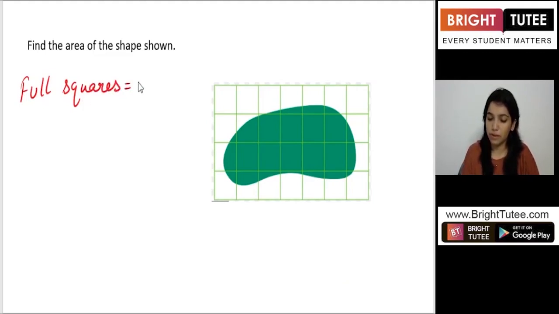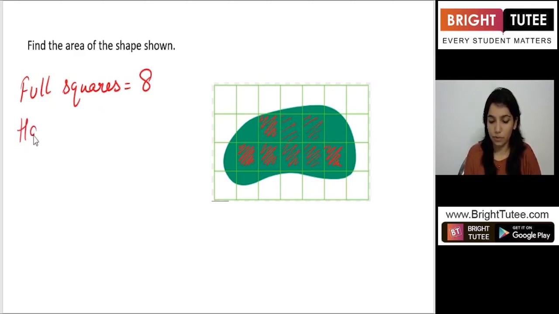So how many full squares? Here I can see 1, then this is 2, 3, 4, 5, 6, 7 and 8. Okay, 8 are full squares in this particular shape.